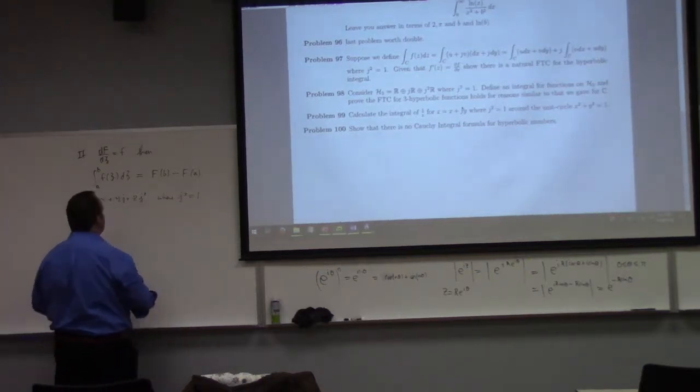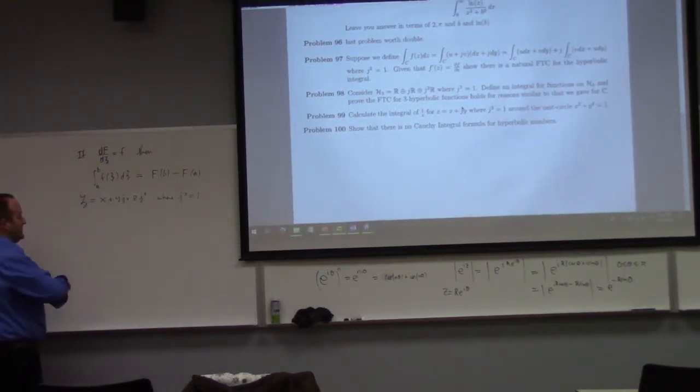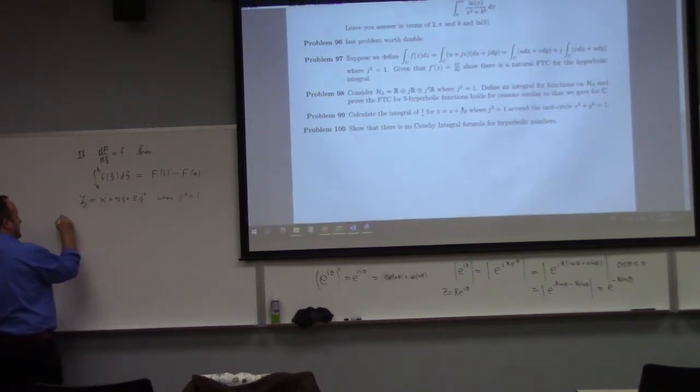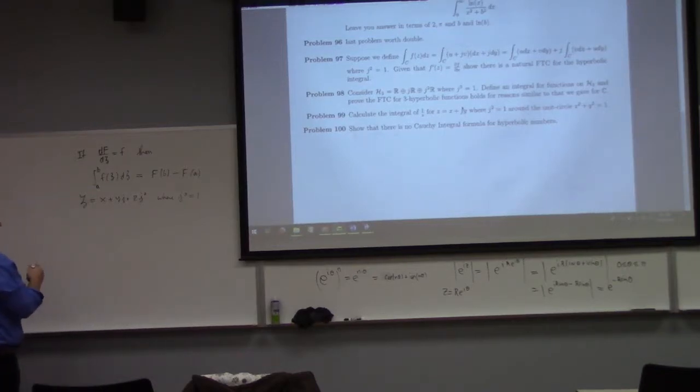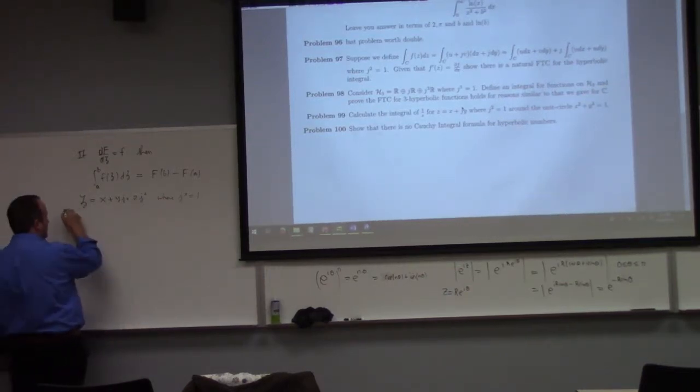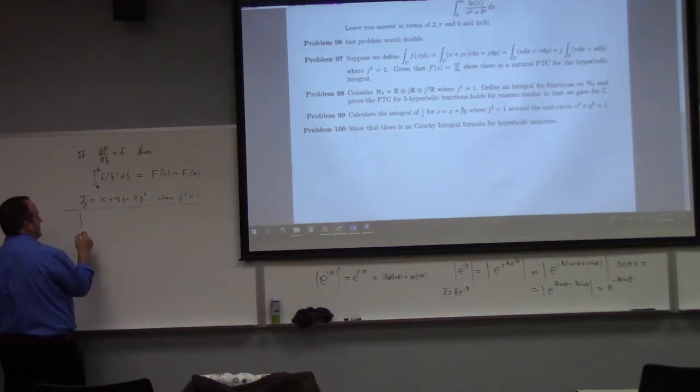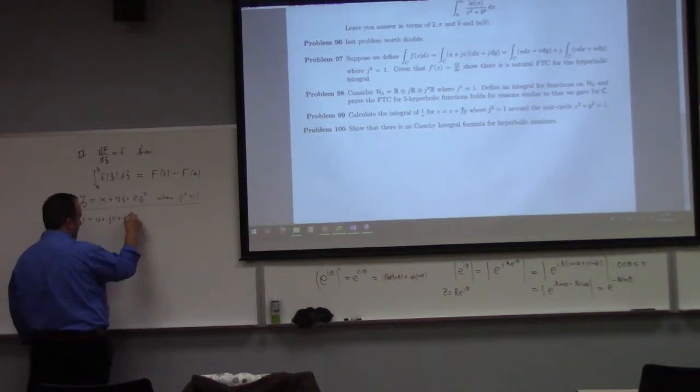All right, so now the question is, what's this? So first of all, the setup of the integral. Suppose f is equal to u plus jv plus j squared w.